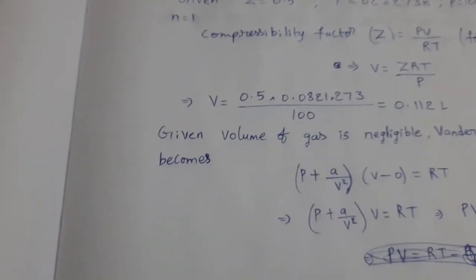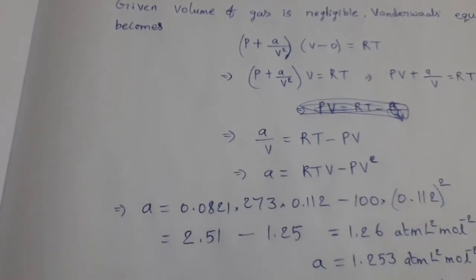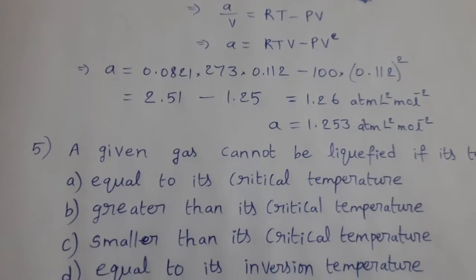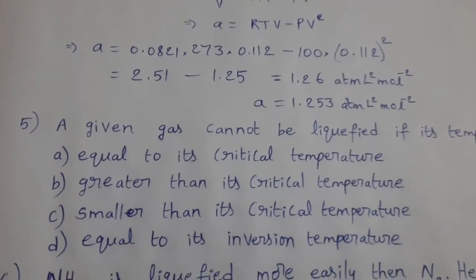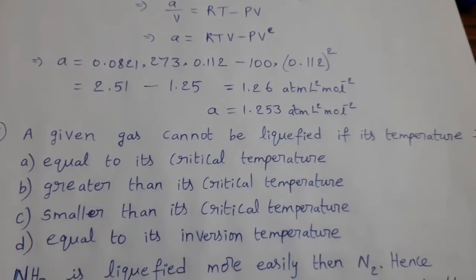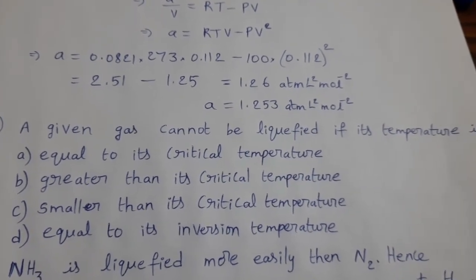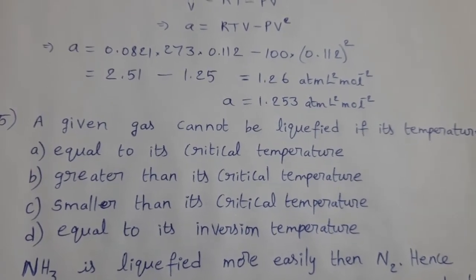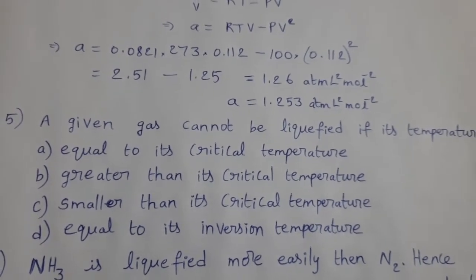Okay. So I think you may be vexed by doing numericals continuously. Now see the theory questions. A gas cannot be liquefied if its temperature is greater than its critical temperature.